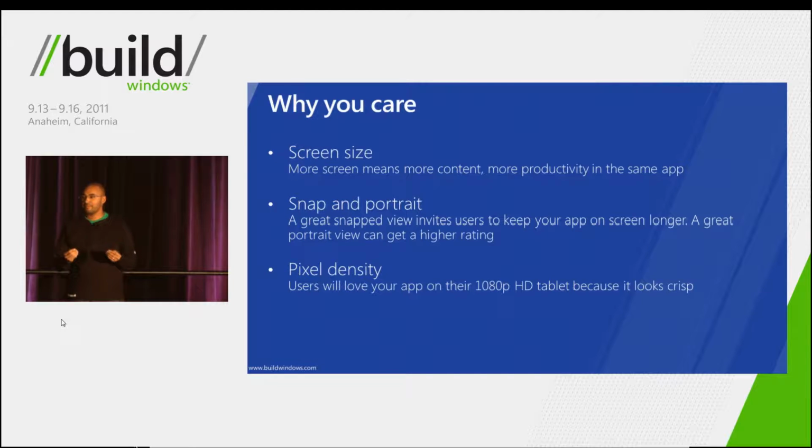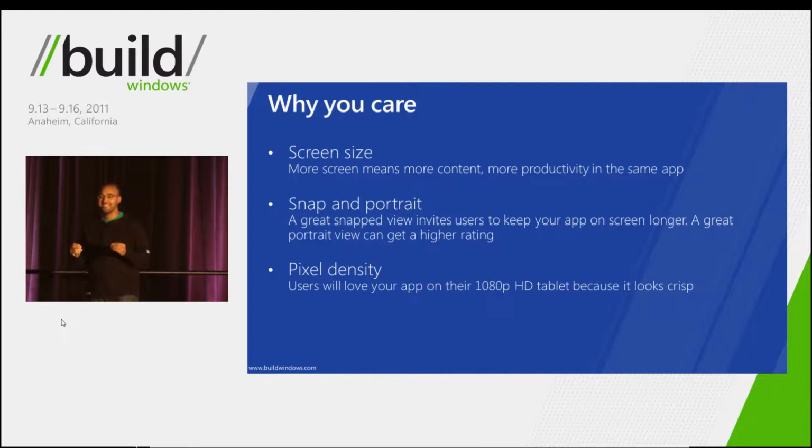For Snap, multitasking is in the DNA of Windows. And if you create a great snapped view, then users will keep your app open all day as they're multitasking between other applications. For both Snap and Portrait, creating great views here will earn you higher ratings in the store.